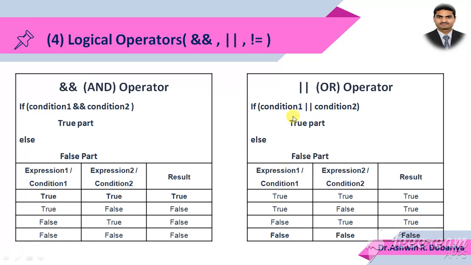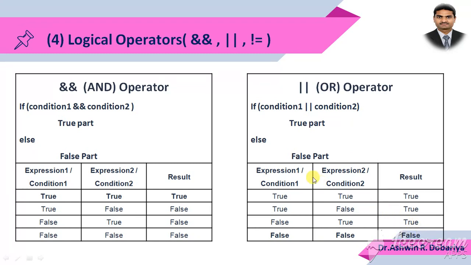If the first condition is true and the second is also true, the overall result is true. If the first is true but the second is false, the overall condition is still true. If the first is false and the second is true, the overall is true. And if both conditions are false, then it returns false.